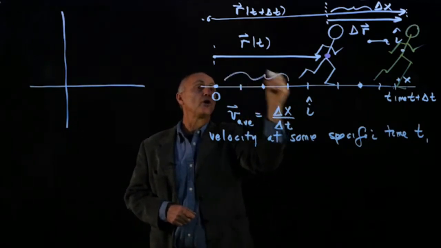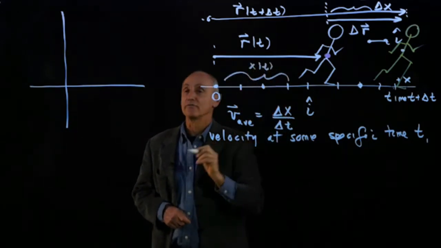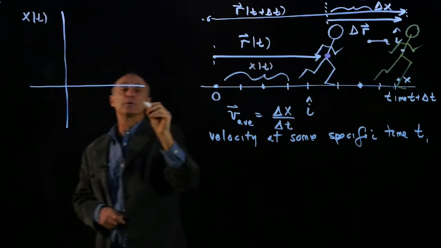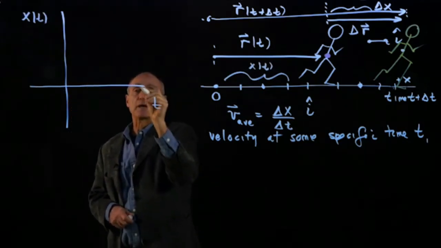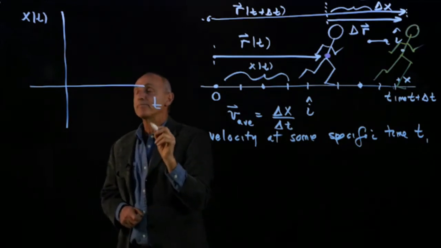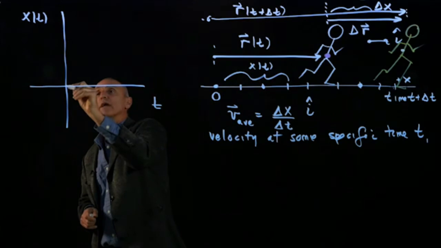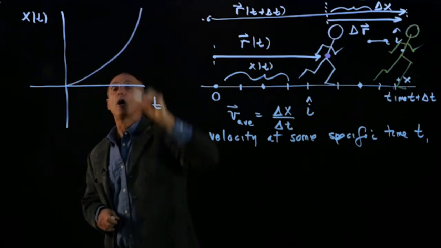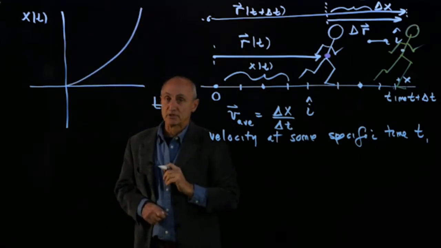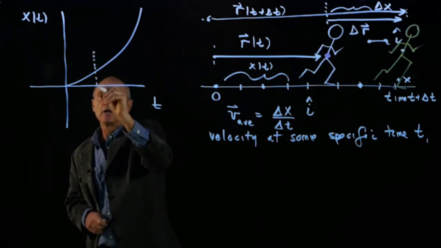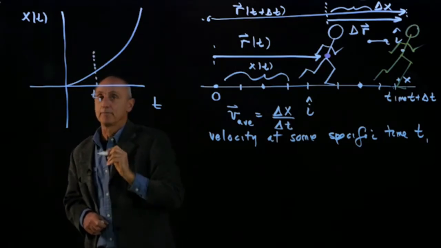Remember, we called the component of the position function x of t. So we're going to plot the component of the position function with respect to time. Now, let's say that the runner started at the origin at time equals 0, so I can make some arbitrary plot of that position function. And let's indicate in particular the time t1.